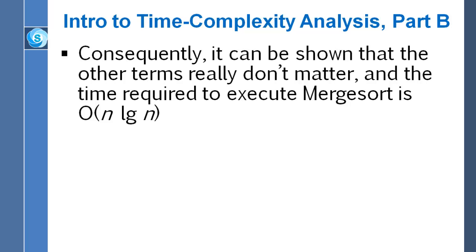And once again, what does it mean? It means that the amount of time that it takes to execute merge sort is never going to be any worse than some unspecified constant multiplied by n times log to the base 2 of n.